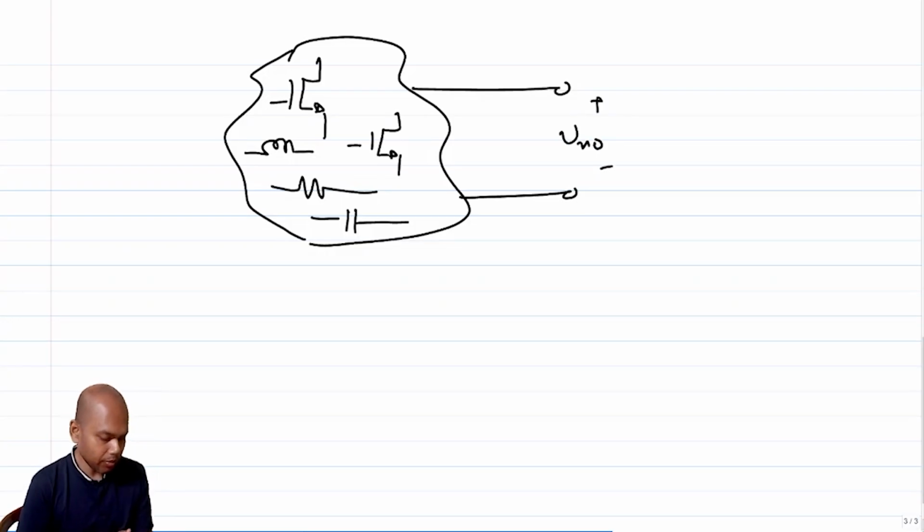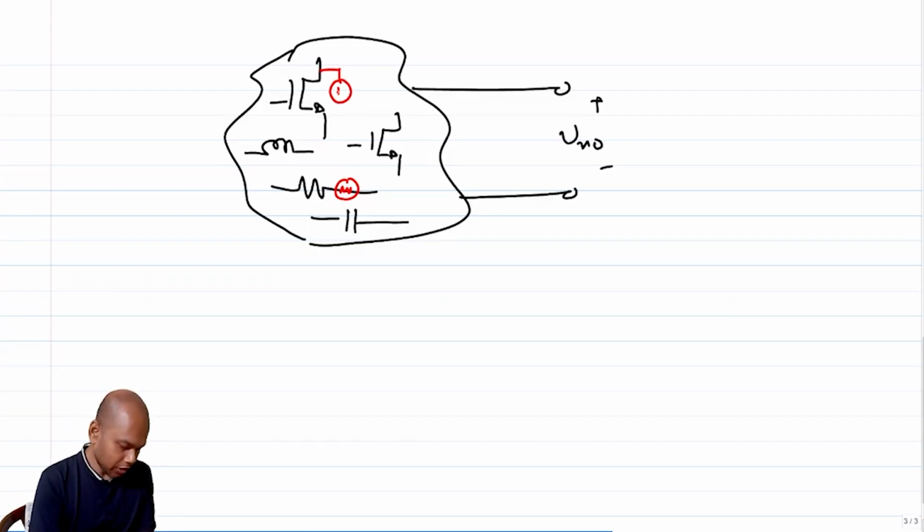So what would we do? What is the most usual thing that we used to do? We used to find out the noise transfer function from each of these noise sources to the output. So now in the presence of a transistor, we would have some more noise transfer functions. So from each of these current sources, we would like to find out the transfer functions to the output.